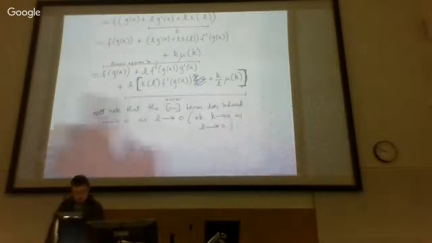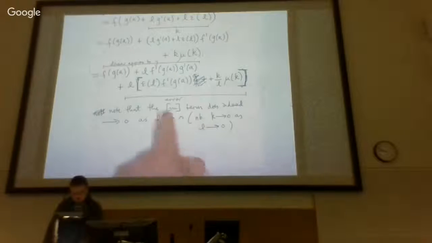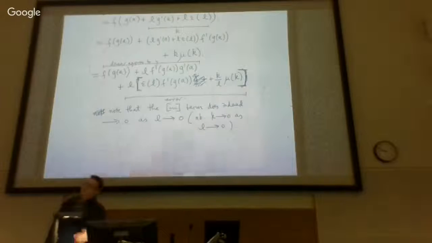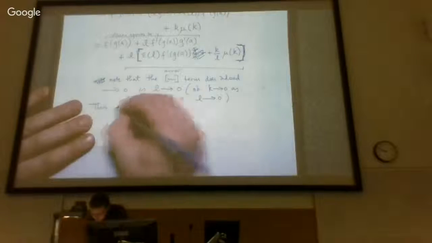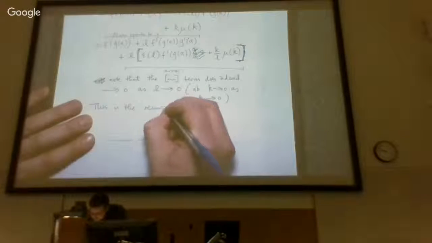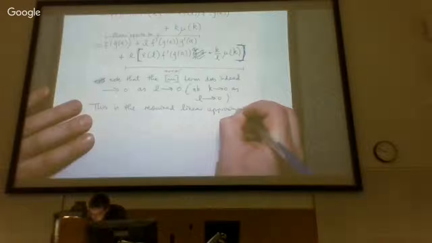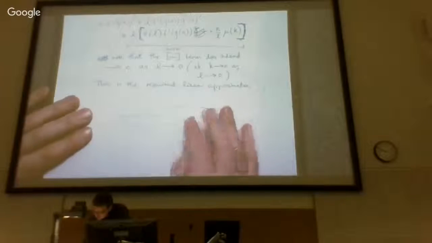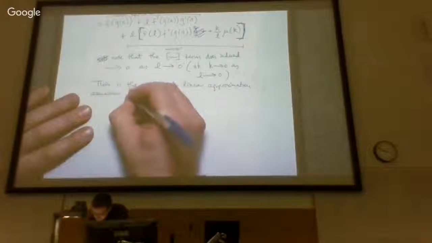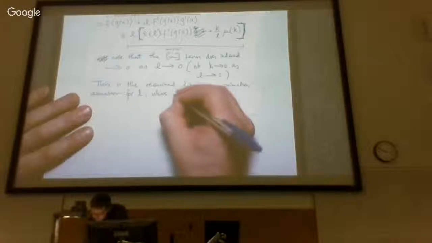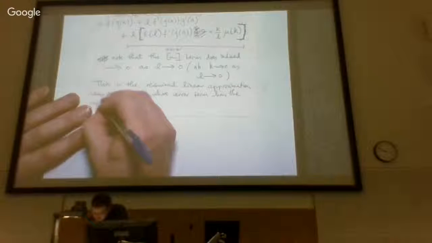And then the error term is all l times a function of l. And that function of l, everything in that square bracket, has the property that it converges to 0 as l goes to 0. So this is the required form. This is indeed the required linear approximation form for y, the linear approximation with error term, where the error term has the required convergence property.